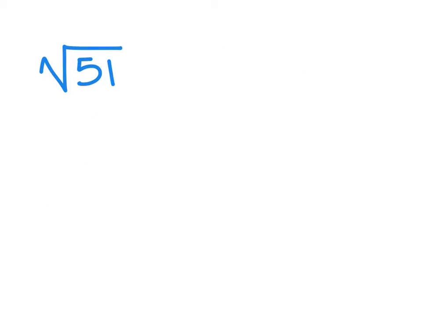Let's see if we can find, as close as we can, the square root of 51 using perfect squares. So we're going to approximate the square root of 51. So a perfect square close to but less than 51 would be 49, right? Which is equal to 7 squared.